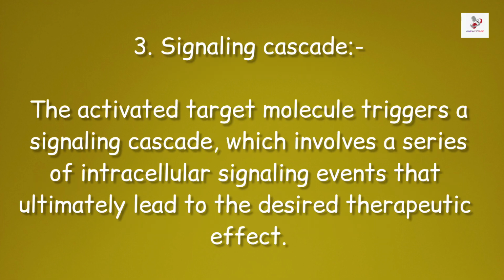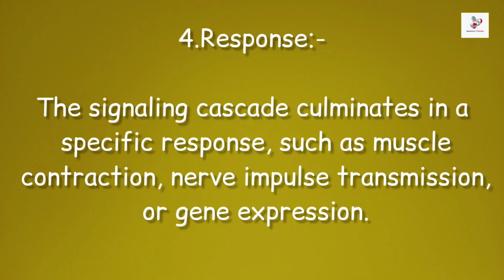Third one, signaling cascade. In pharmacology, a signaling cascade refers to the series of molecular events triggered by the binding of a drug or ligand. It leads to the cellular response, and it is also known as a signaling pathway or transduction pathway. The signaling cascade involves a sequence of molecular interactions that ultimately leads to a specific cellular response. And fourth one is response. It refers to the biological effects resulting from the interaction between a drug and its targets.